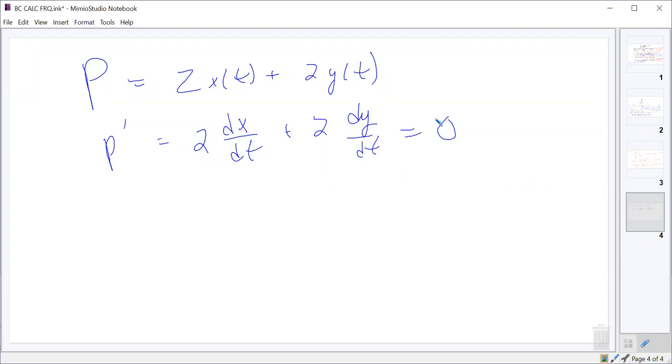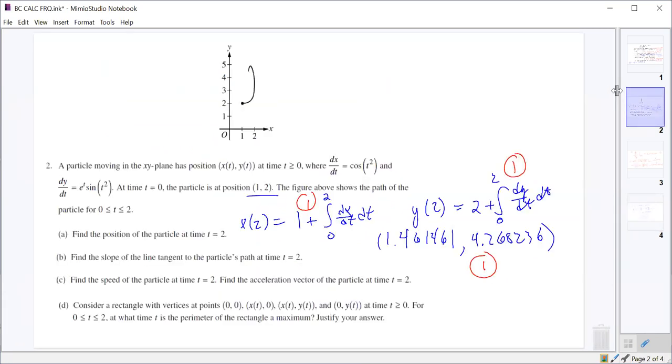And if you were to do that, that would happen when t is 1.721837. And we'd want to make a sign chart to show that that's a maximum on 0 to 2. So you'd plug in something like 1, let's say.